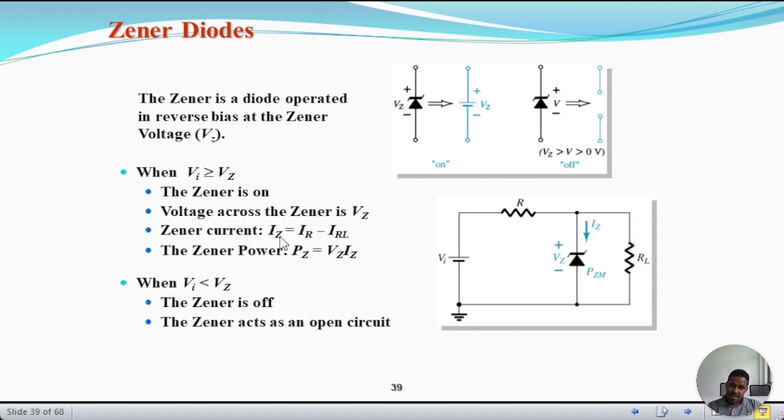The Zener power becomes VZ times IZ. When Vi is less than VZ, the Zener is off, that means an open circuit.